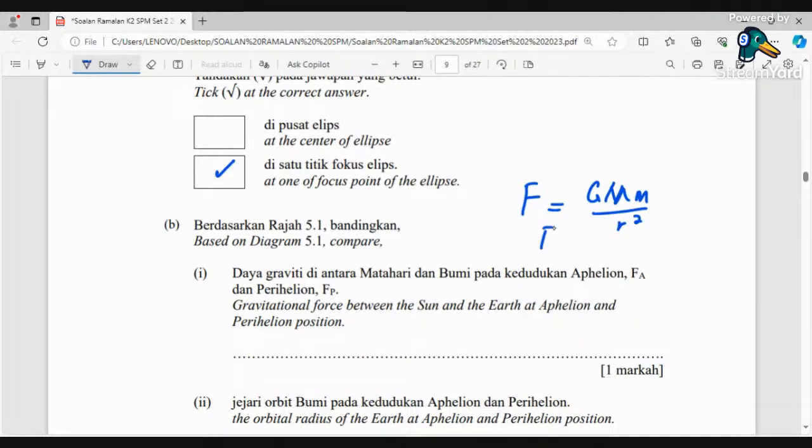F depends on r. If the distance between the center of focus and the object is smaller, the force is larger. So you can see that at perihelion the force is larger than at aphelion.